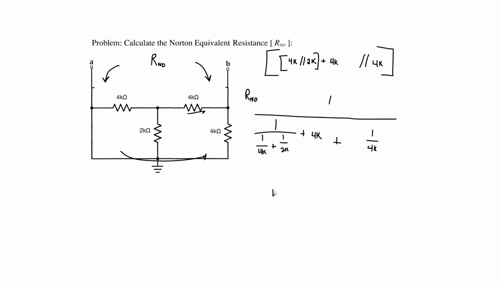Solving and simplifying, we are able to conclude that our R_N is equal to 1.818 kiloohms.